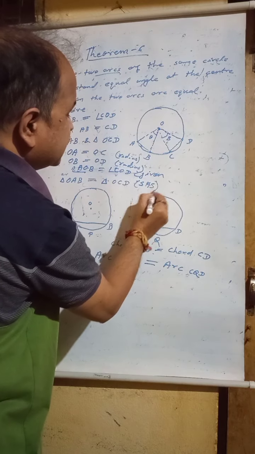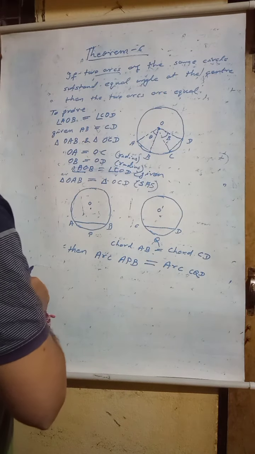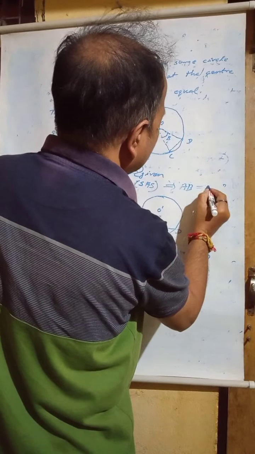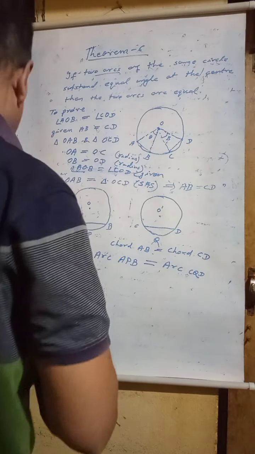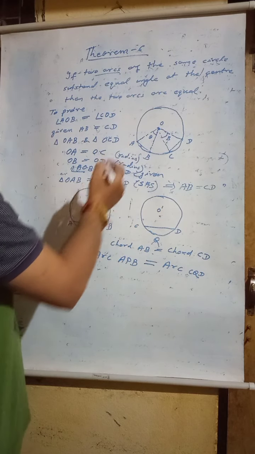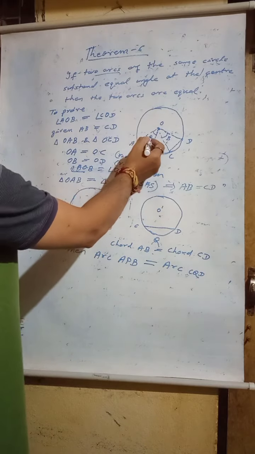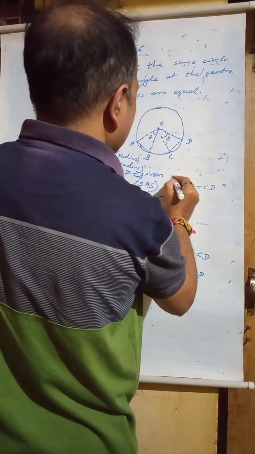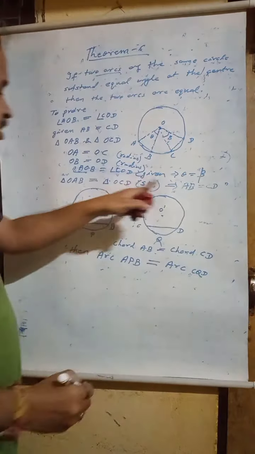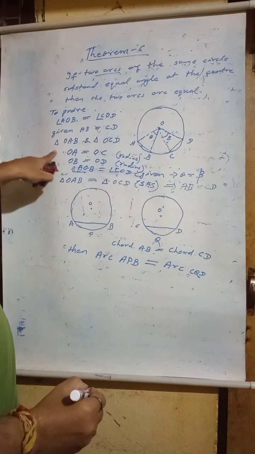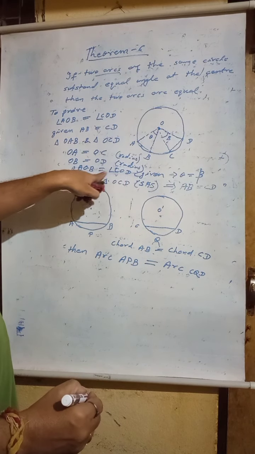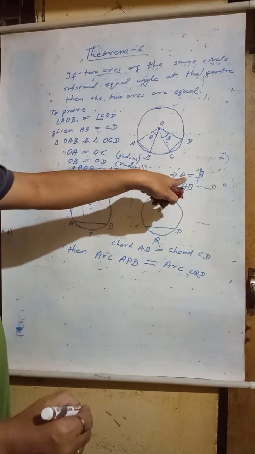Two angles are equal, which implies that AB equal to CD.